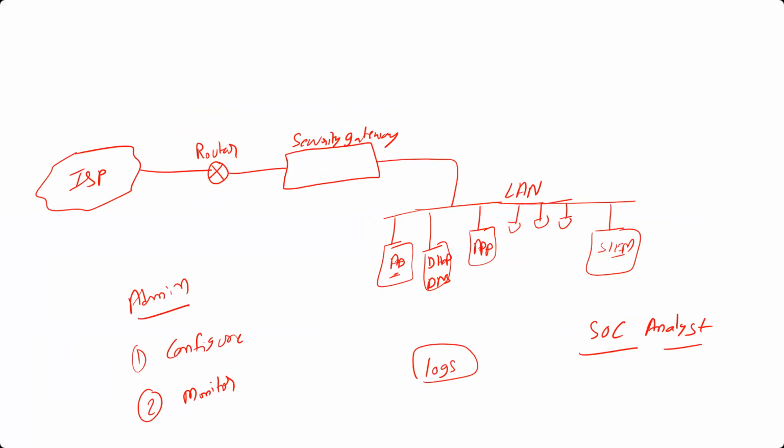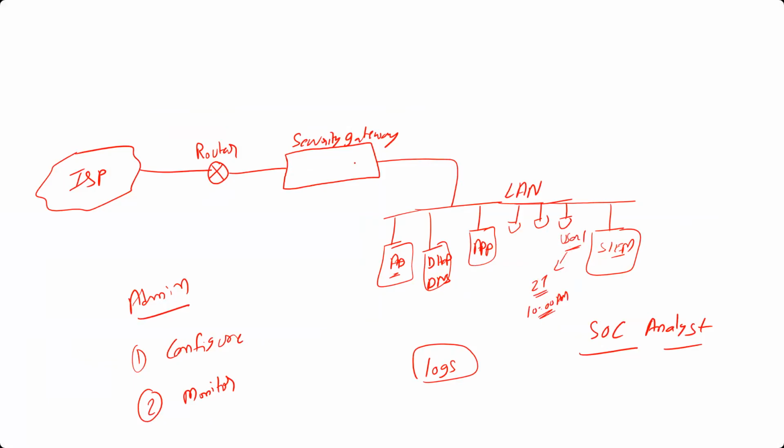Right. Now let's say, for example, this is a user computer. Let's say user one. Now this user one is trying to access the Zoom Technologies website at 10 a.m. Right.